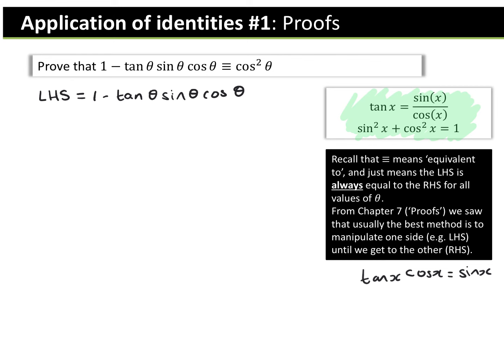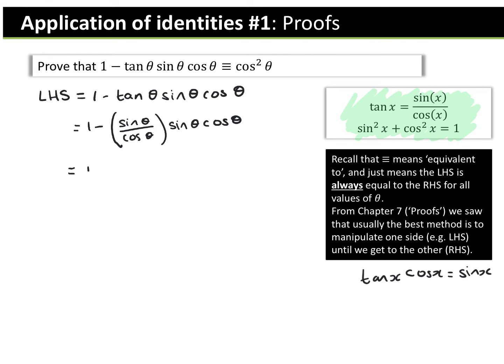So, instead of writing tan, what am I going to substitute in? Yeah, so this equals 1 minus bracket. Whenever I substitute, I write a bracket. Sine theta over cos theta, multiplied by sine theta cos theta. With proof, we have to show every step. That's the whole point. We're proving it step by step.